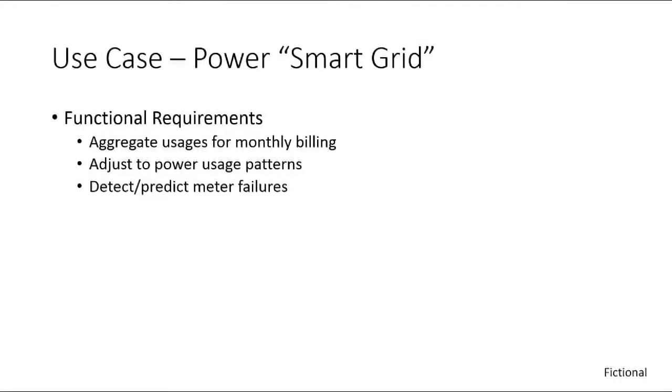So let's revisit that smart grid, smart meter use case from earlier. And again, this is completely fictional, has nothing to do with that IoT application I built a year ago. But in this fictional use case, we have 3 high-level functional requirements. First, we need to know how much power a particular home used, so we know how much to charge them for that power, so billing.